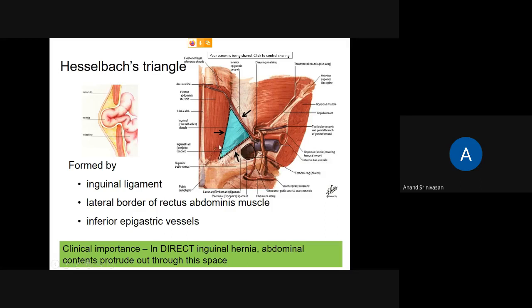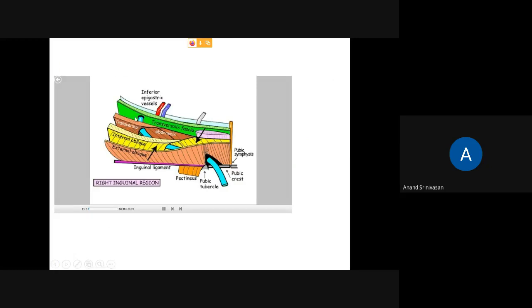Sometimes they may even keep a mesh, a net-like structure, over this Hasselbach's area so that the intestinal contents will not come out. So here they need to strengthen the anterior abdominal wall, whereas in an indirect inguinal hernia they need to obliterate the deep inguinal ring as well as the inguinal canal.